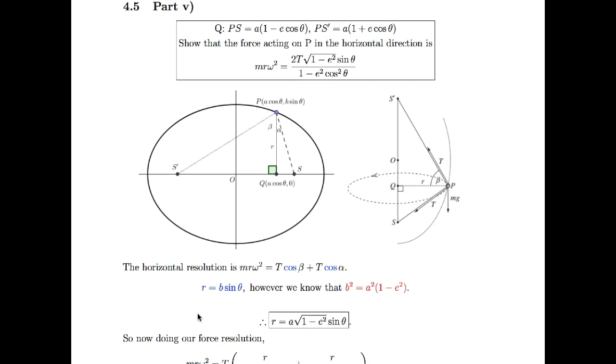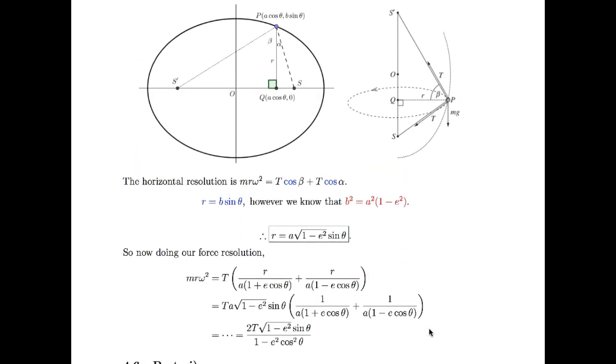But I introduced b out of nowhere. If you go back up to the original question, you'll see that b didn't appear at all. b was just something that I left there for my convenience just to view the ellipse. So somehow I gotta now get rid of the b as well. And the only way I can possibly get rid of the b is just to use my formula for the eccentricity. And therefore I get a formula for r.